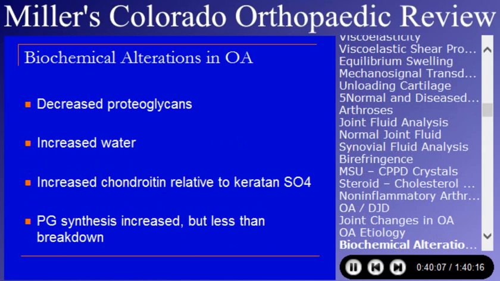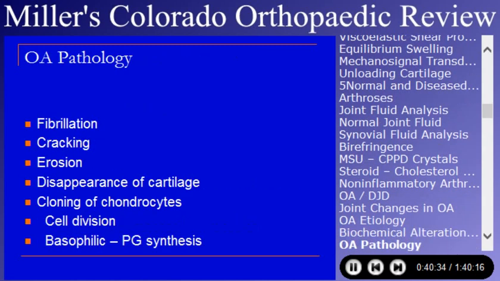The biochemical alterations are also popularly asked questions. There is a decrease in the proteoglycan content and an increase in the water content. There's an increase in the percentage of chondroitin relative to keratin sulfate. Proteoglycan synthesis actually is increased in osteoarthritis, but less so than the rate of breakdown, thus the progressive loss of articular cartilage.